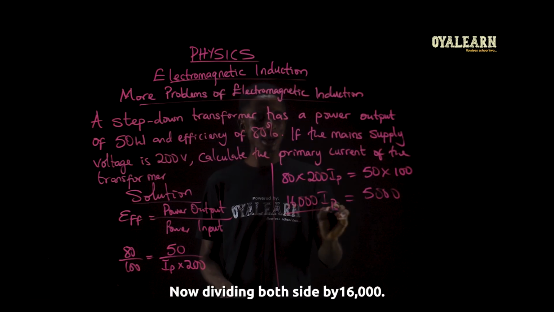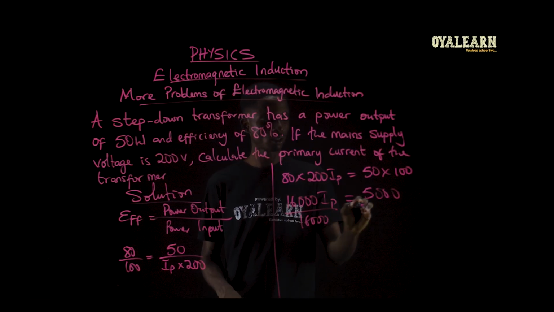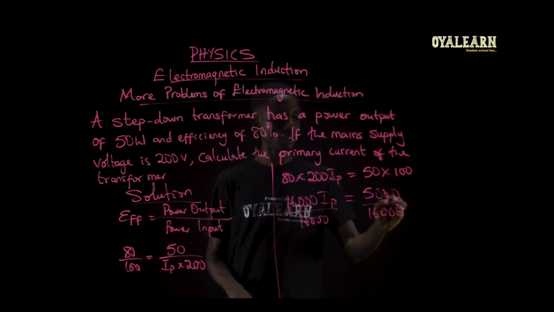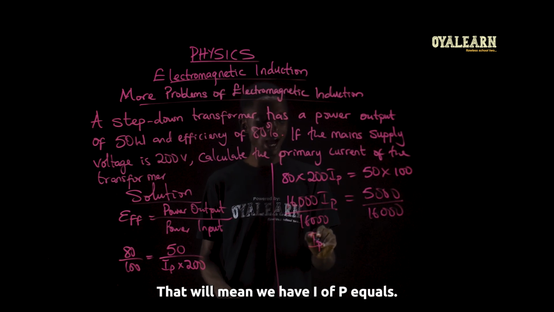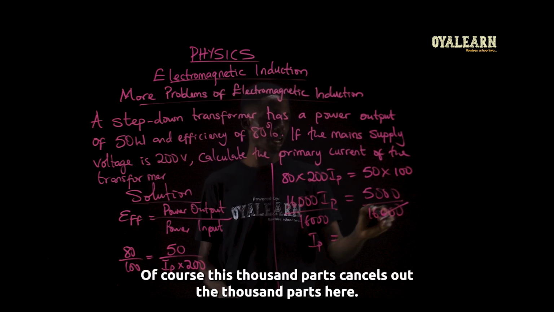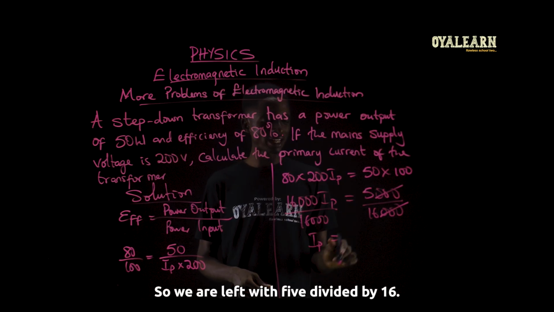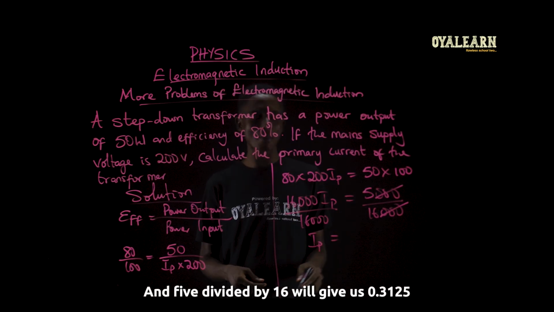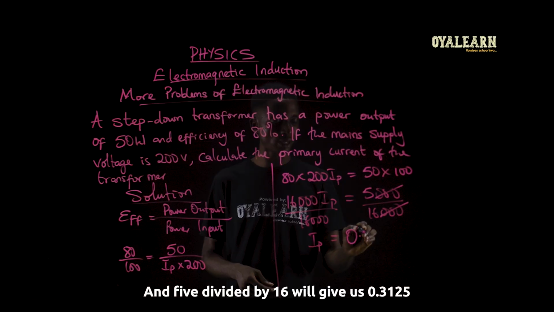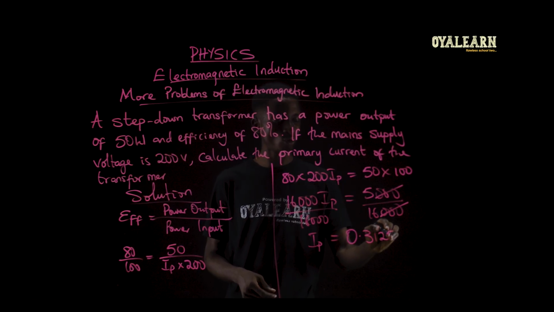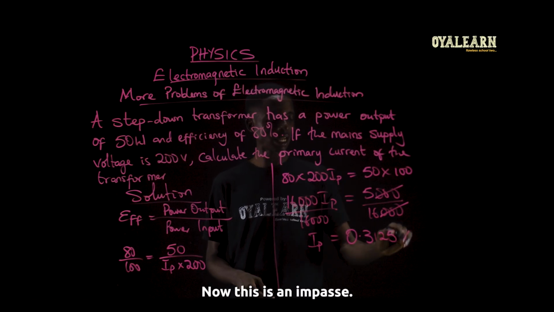Dividing both sides by 16,000, we have I of P equals, of course, the 1,000 cancels out, so we are left with 5 divided by 16. And 5 divided by 16 will give us 0.3125. This is in amperes.